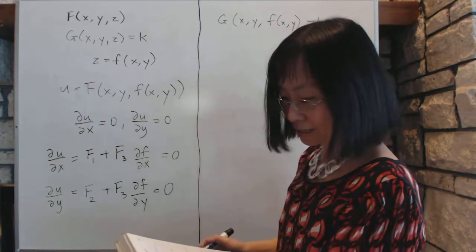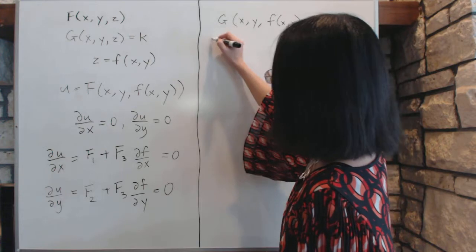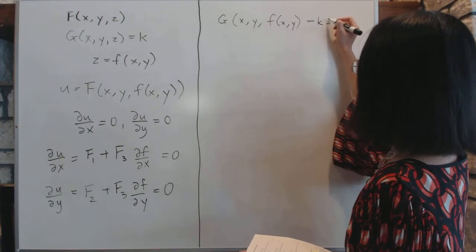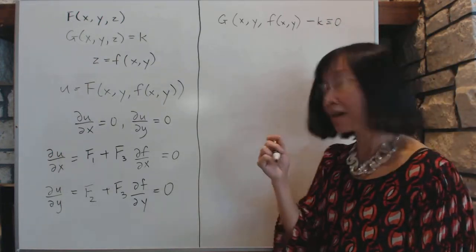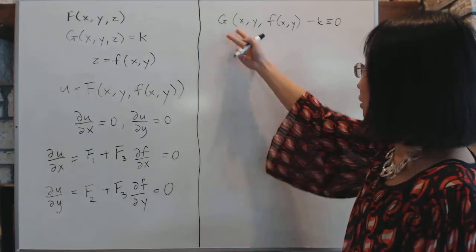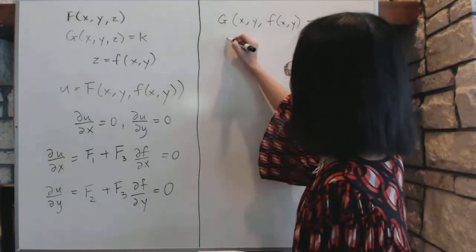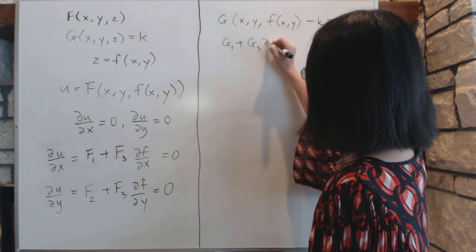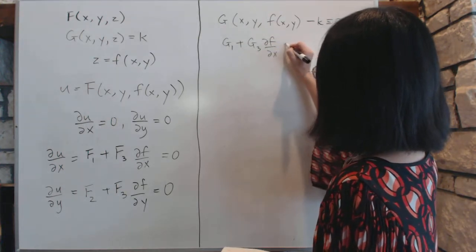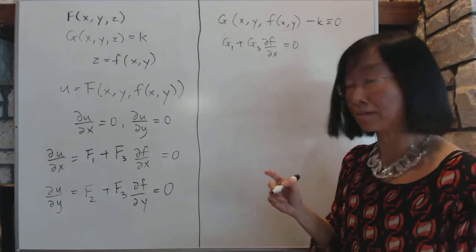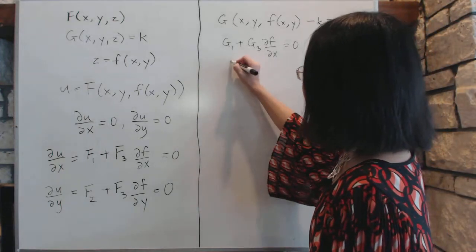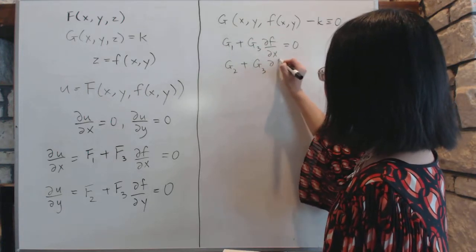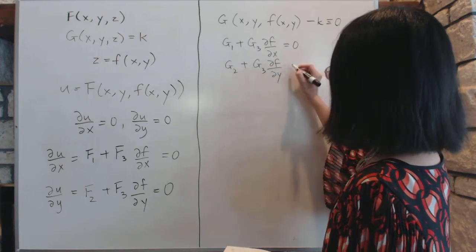This thing is identically 0, so we'll take the partial derivatives of it. With respect to x, we get g1 plus g3 partial f partial x, which is going to be 0 because this thing is identically 0. And similarly, with respect to y, we get g2 plus g3 partial f partial y, and that will give us 0.